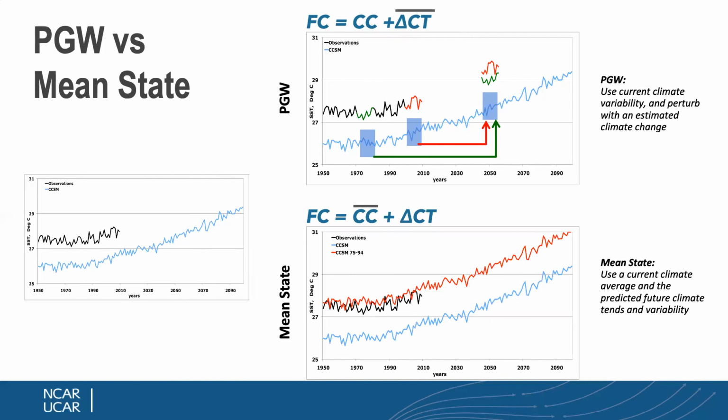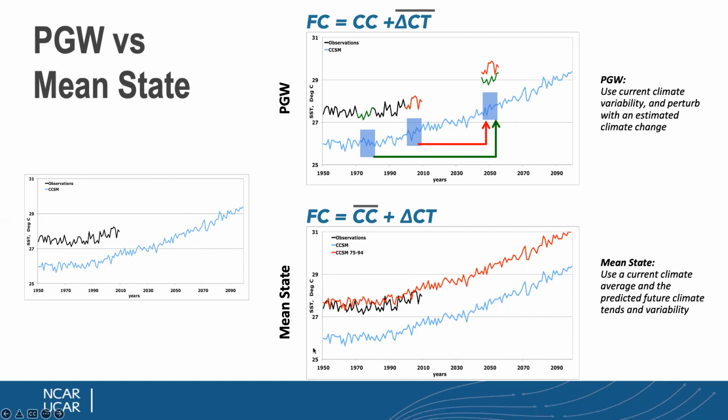In the mean state bias correction method, we would use the mean of the current climate and then get a delta and add that back on to the current climate in this case. And this means that we are using the variability and the trends from the climate model.